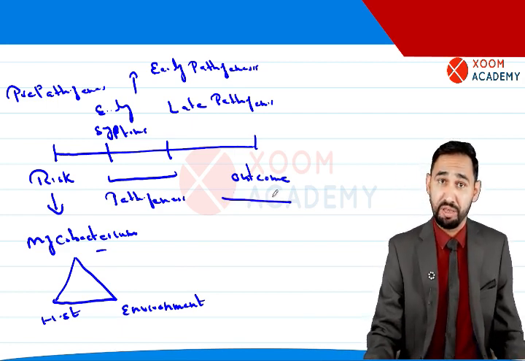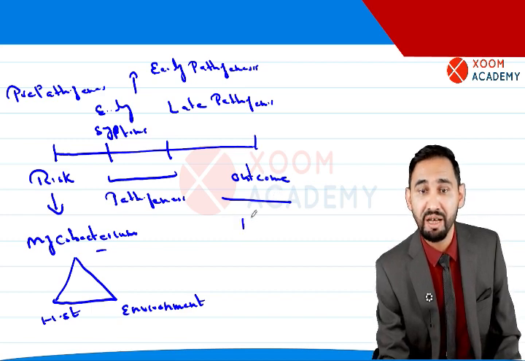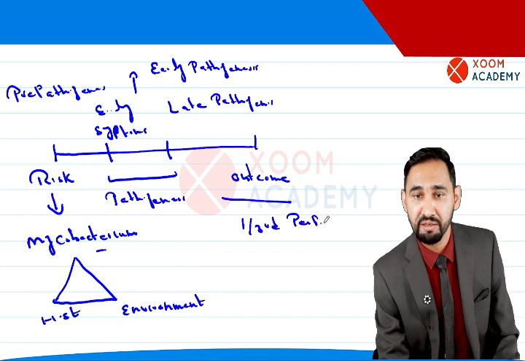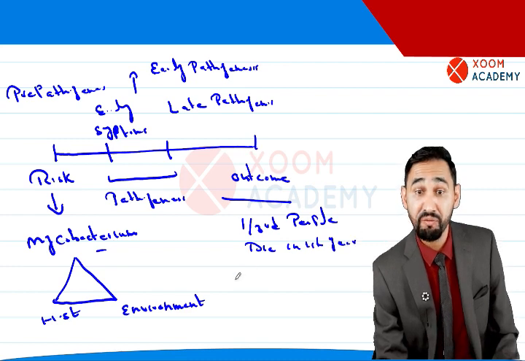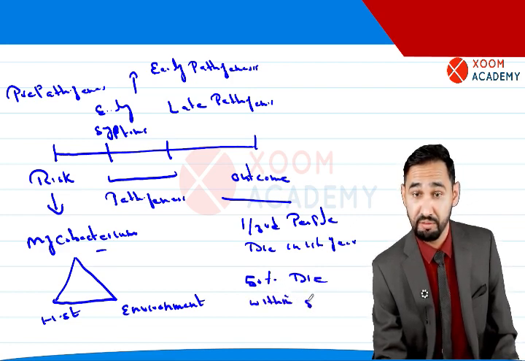In case of tuberculosis, if no treatment is done, 1/3 of people die within the first year, and about 50% die within 5 years. We can see the severity of the disease.